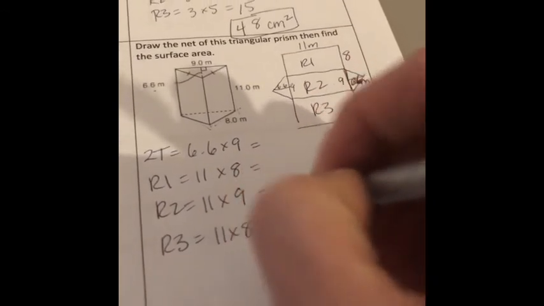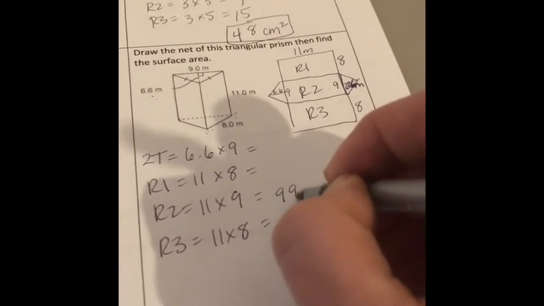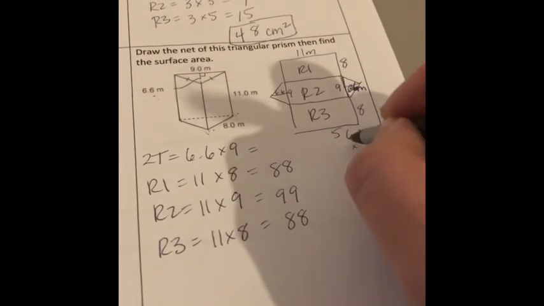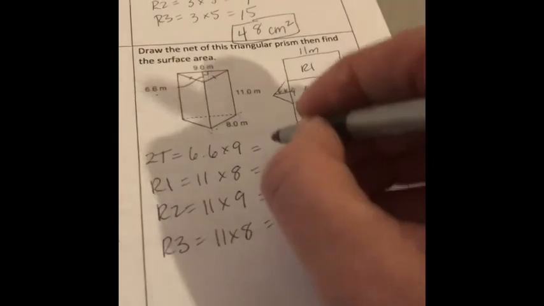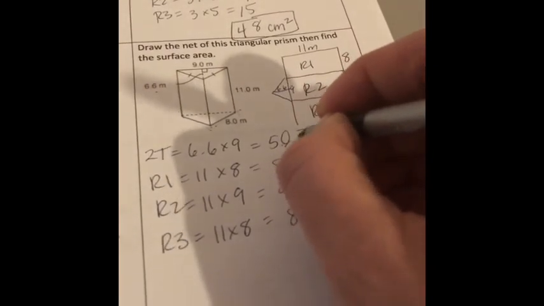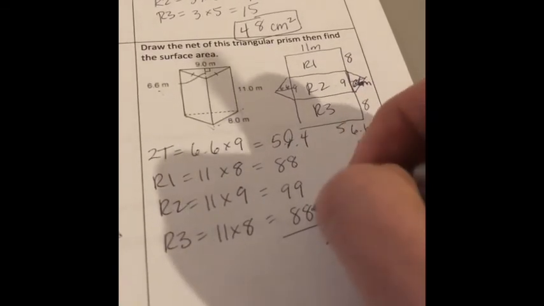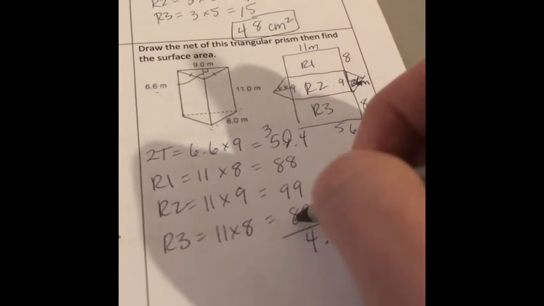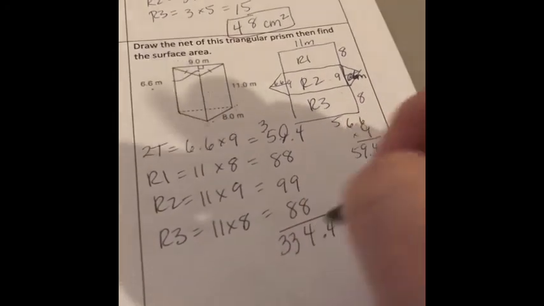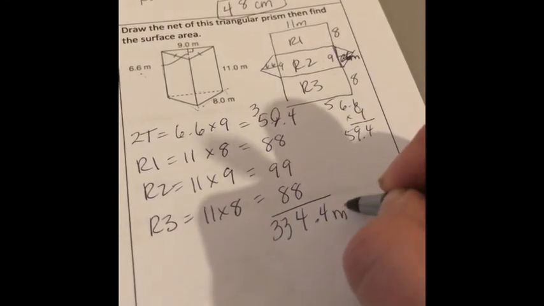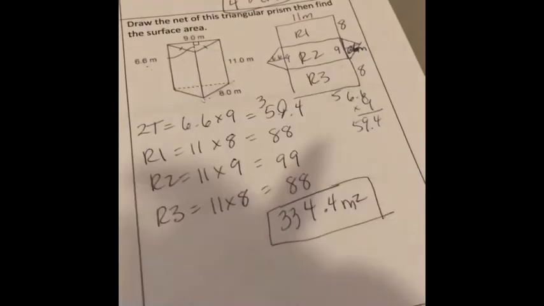So we figure all those out. 88, 99, 88. 9 times 6.6 would be 59.4. So it's going to be decimal 4. We add it up and get 334.4. This would be in meters squared. And that's the end of that question.